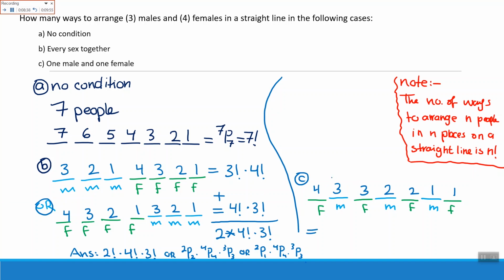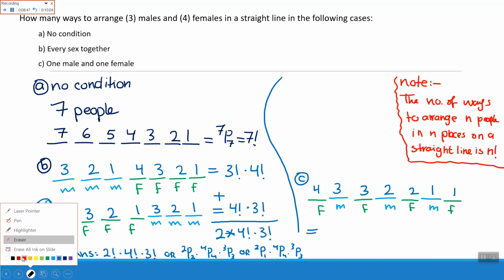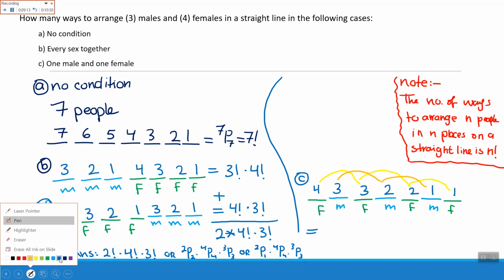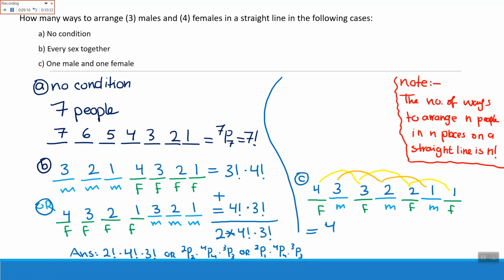And the answer is going to be 4 factorial, this one here is 4 factorial. 4 and 3 and 2 and 1, that's 4 factorial, and then it's multiplied by 3 factorial. So we have 3 and 2 and 1. So the answer is going to be 4 factorial multiplied by 3 factorial.